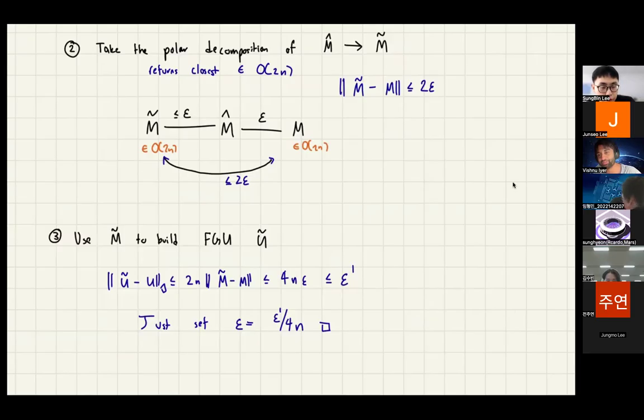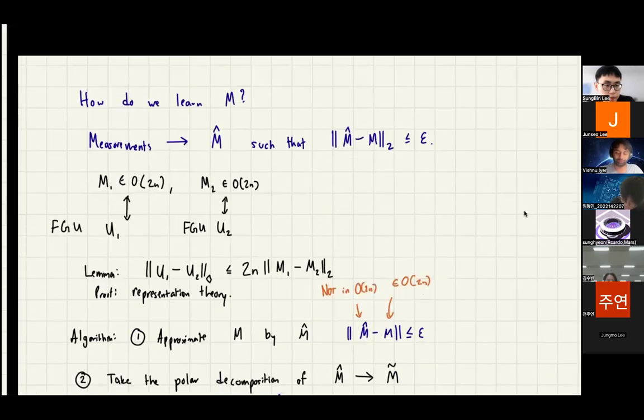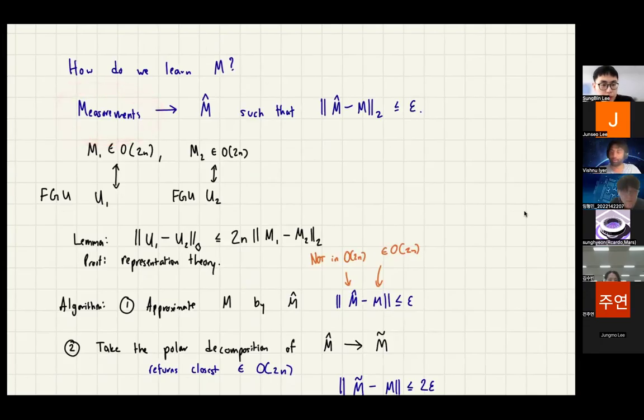So how do you get from M to M hat? This involves some measurement schemes that I don't have enough time to talk about. But one way to do it is called the fermionic Choi state. The fermionic Choi state is a state whose amplitudes are proportional to the entries of the unitary operator.